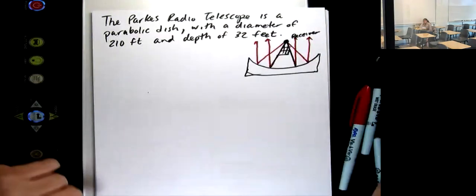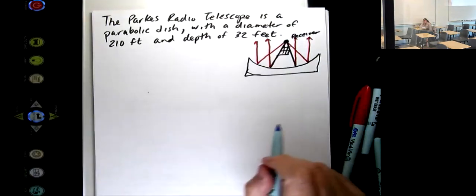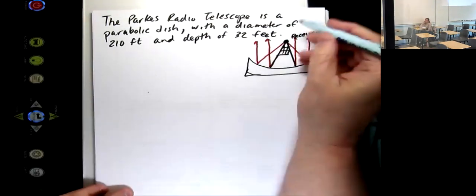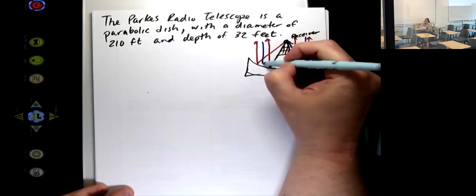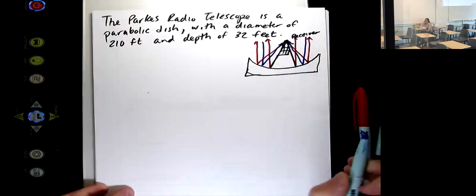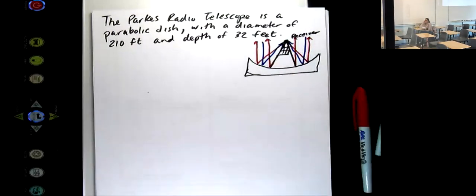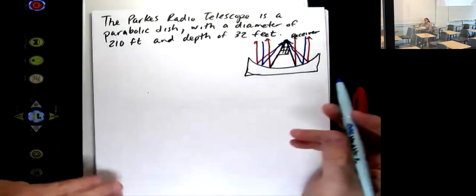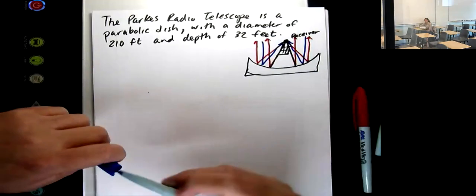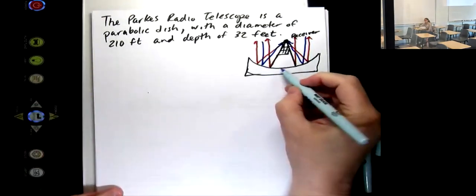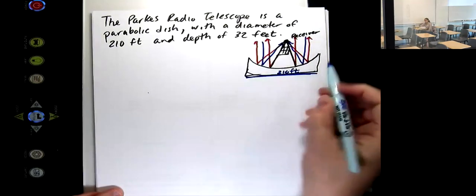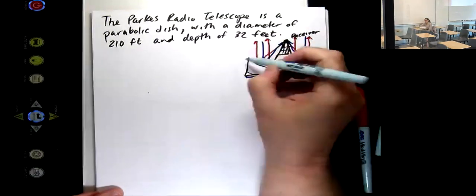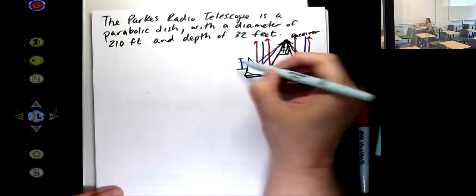Stuff coming in from a distance, like radio waves from the galaxy, bounces and hits the focus. So you can collect radio waves all at a single point and go, okay, what are we listening to? It's telling us that this dish is 210 feet wide going that way, and that this part right here is 32 feet.